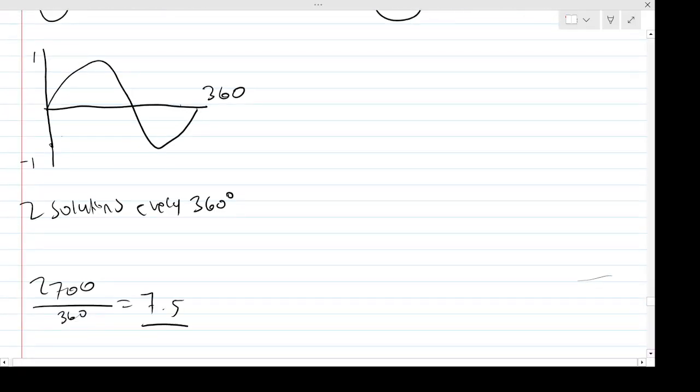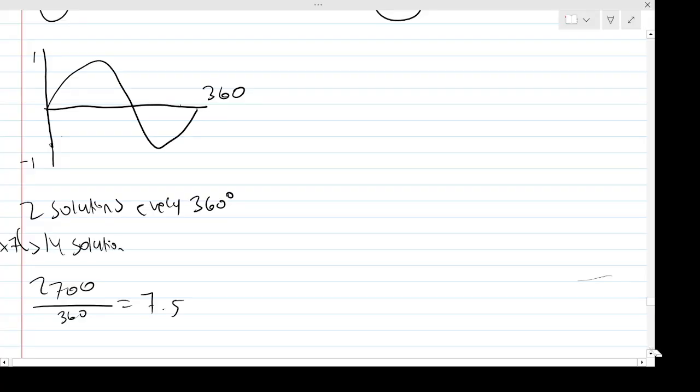That's telling me I need to do 7 cycles, 7 repeats of the curve, and then another half. So that's telling me that if I times by 7, and then we'll worry about the 0.5 later, we're going to get 14 solutions, aren't we?